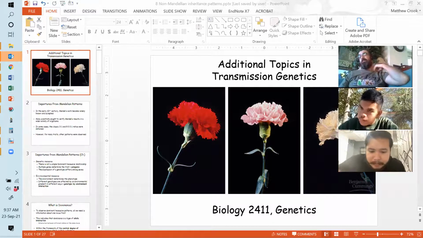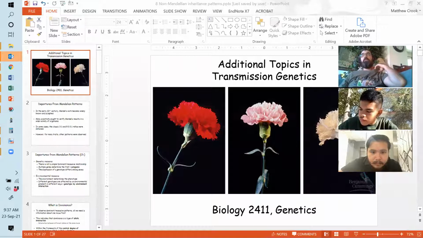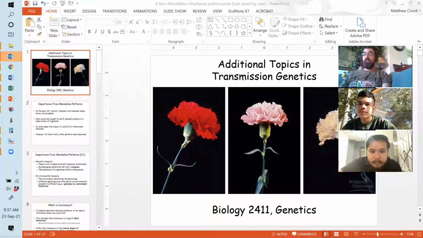Right, and so one reason why we spend a bunch of time on Mendelian inheritance, even though it doesn't really apply to much human genetics other than like disease, congenital diseases, things like that, is that you have to understand Mendelian inheritance to understand non-Mendelian inheritance, right? And non-Mendelian inheritance is the interesting stuff, right? So that's what we really want to kind of dig our teeth into.